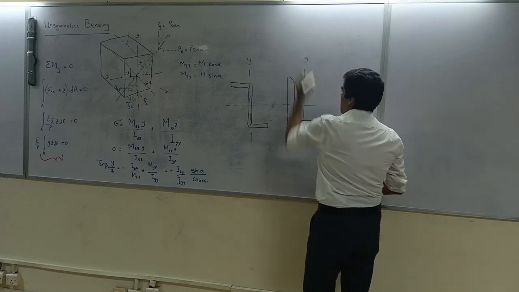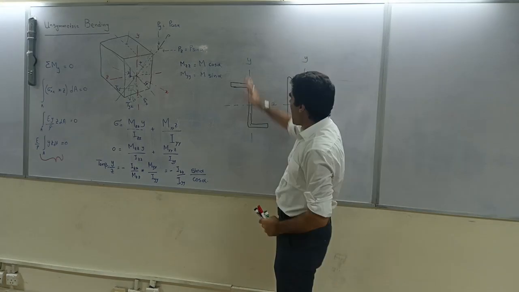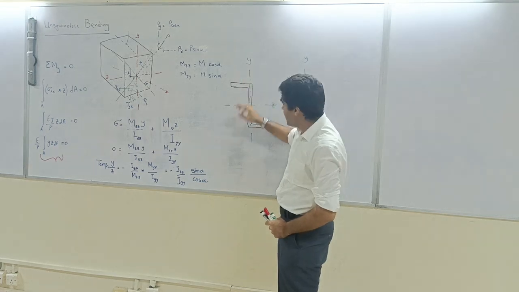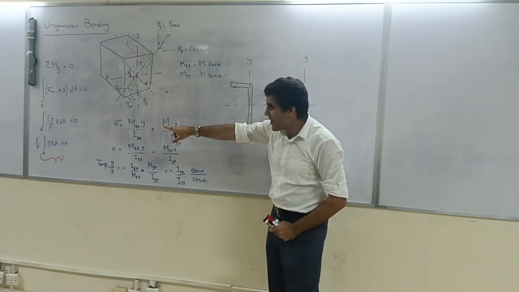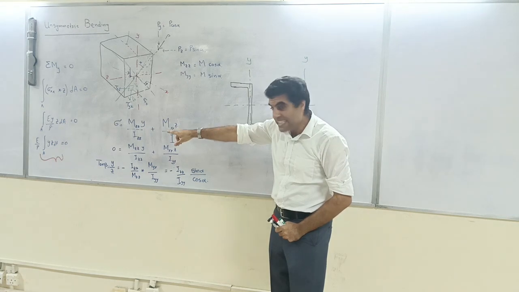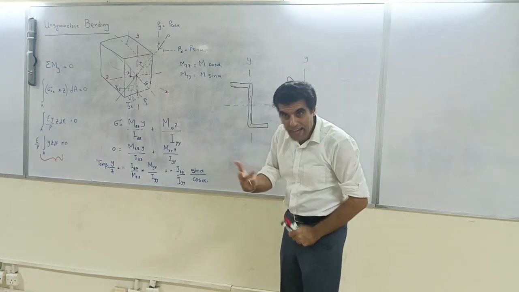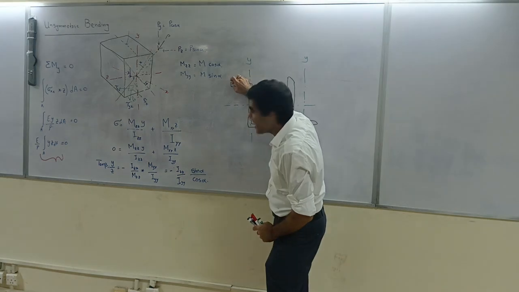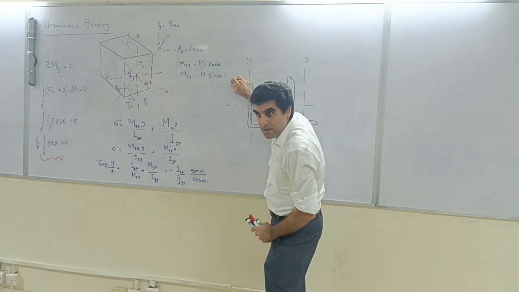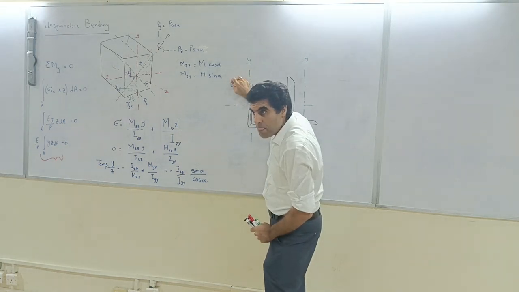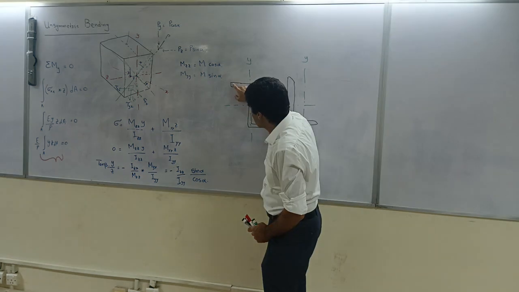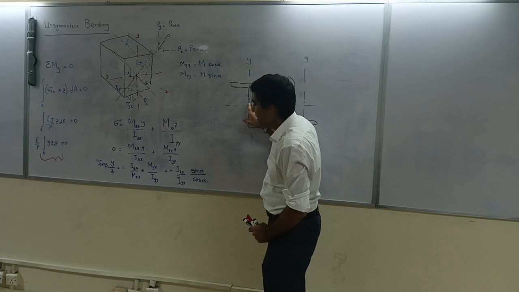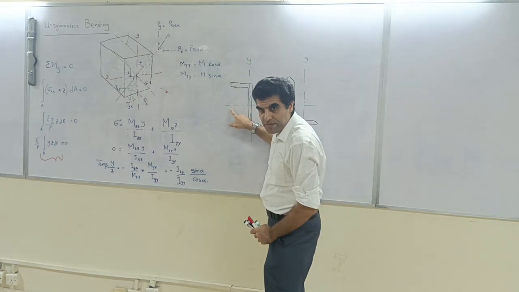This is y. If I have got a cross section like this one, look at this. Is the integral of yz equal to 0? The answer is no. Why? Let us test it. I've got an area over here which has y positive and z negative.